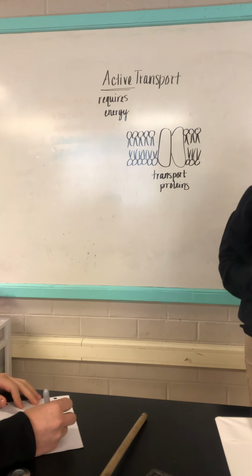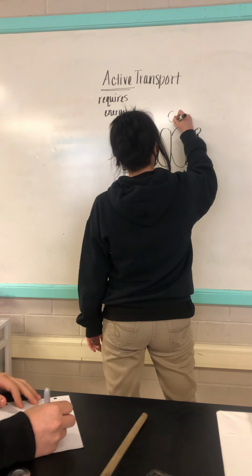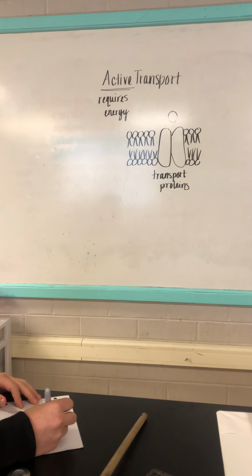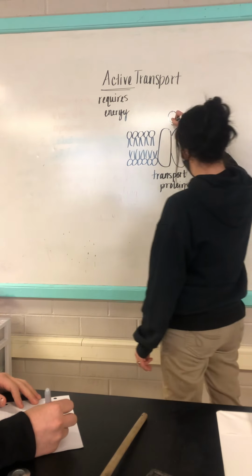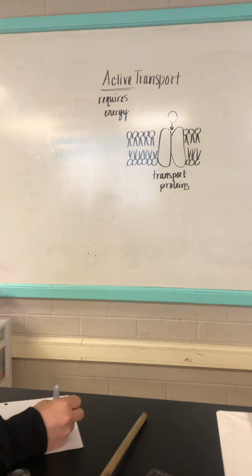Okay, so let's say that something wants to move into the cell. So we need this little molecule to go into the cell. So it's going to come up right here, and it's going to attach to that transport protein.